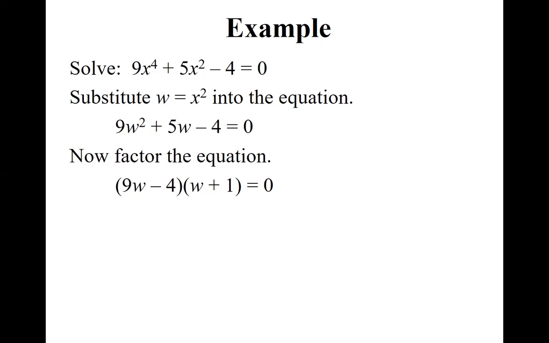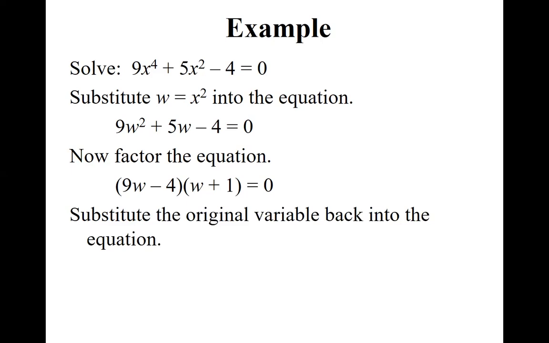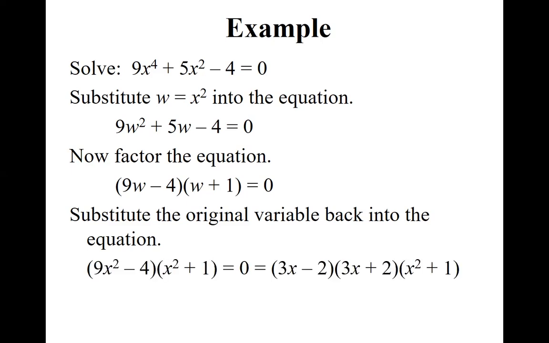So 9w minus 4 equals 0, or w plus 1 equals 0. But this wasn't about w originally. This was about x originally, and w is x squared. So we can substitute back in.